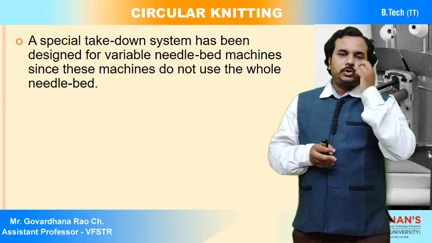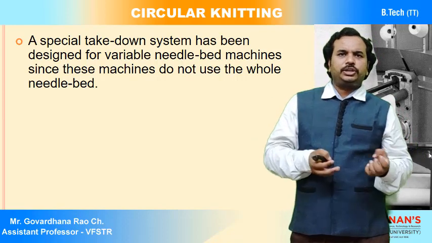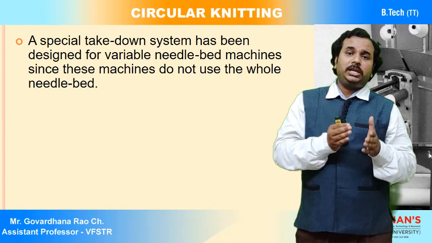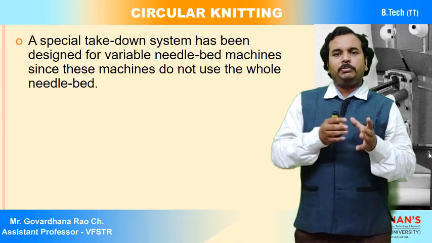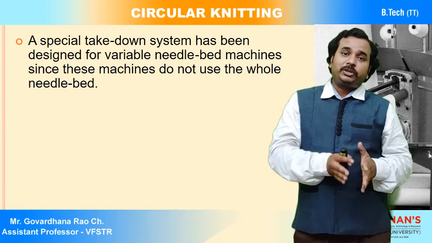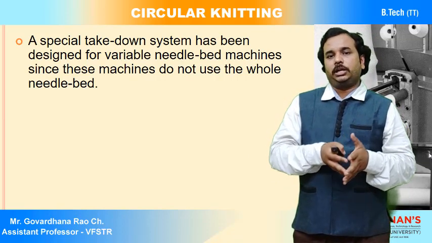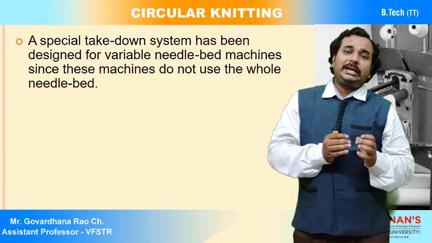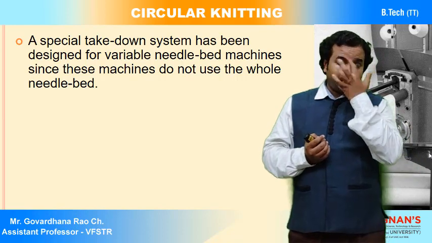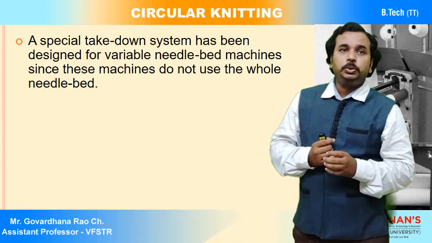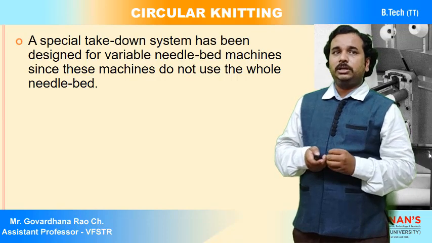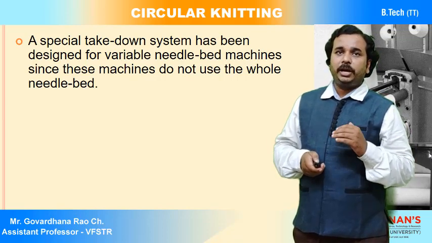Like rib structures or interlock structures, sometimes if we want gaps in between the wales, in that case we leave out some of the needles in the cylinder. So we'll get a different effect in the fabric structure. In that case we use this kind of mechanism, that is special takedown systems for the variable needle bed machines.